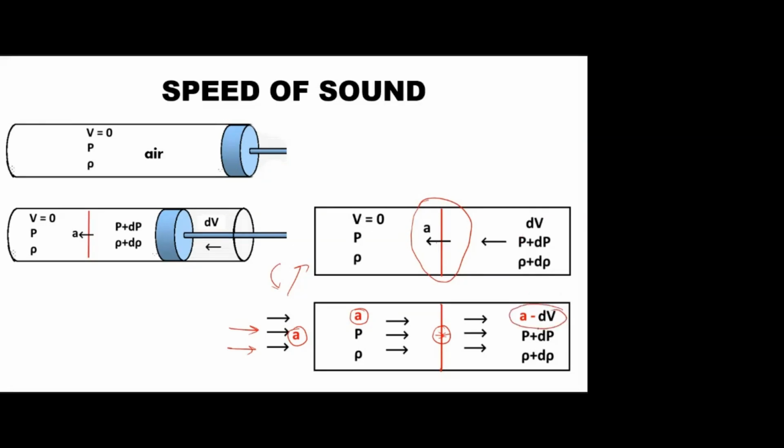Now it is A minus dV. This is the original control volume, but it is of no use. This is the imaginary control volume, just to apply the conditions. Where I superimpose the imaginary flow with velocity A, it gets cancelled. So the wave is stationary.